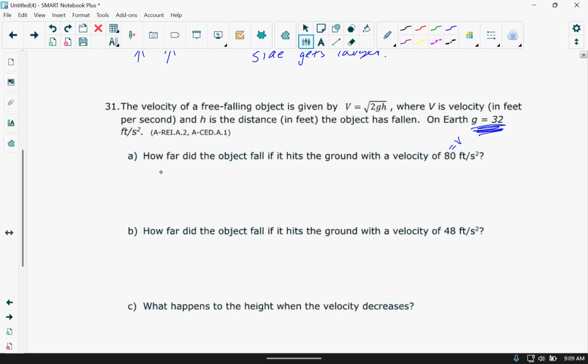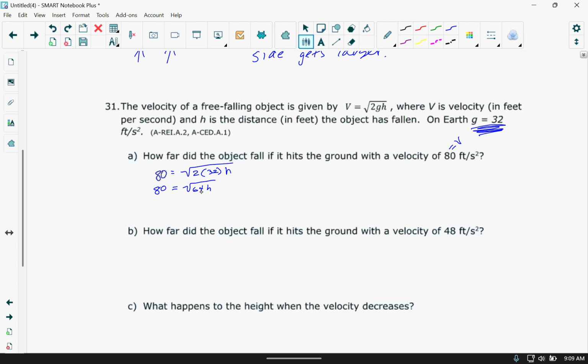So we're going to plug everything in. Let's start off with 80 equals the square root of 2. We know g is 32, so I'm just going to put that in there. And the only thing we don't know is h. So 2 times 32 is 64. So the square root of 64, and we have the h inside, equals 80 on the left.